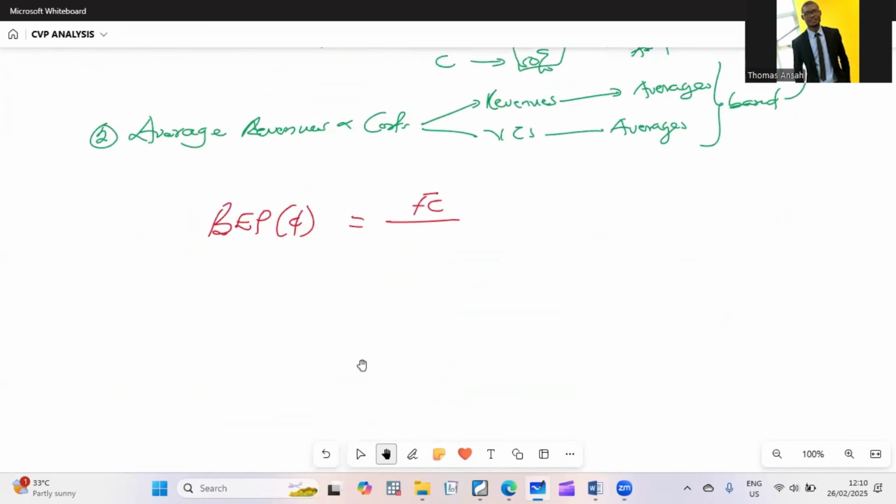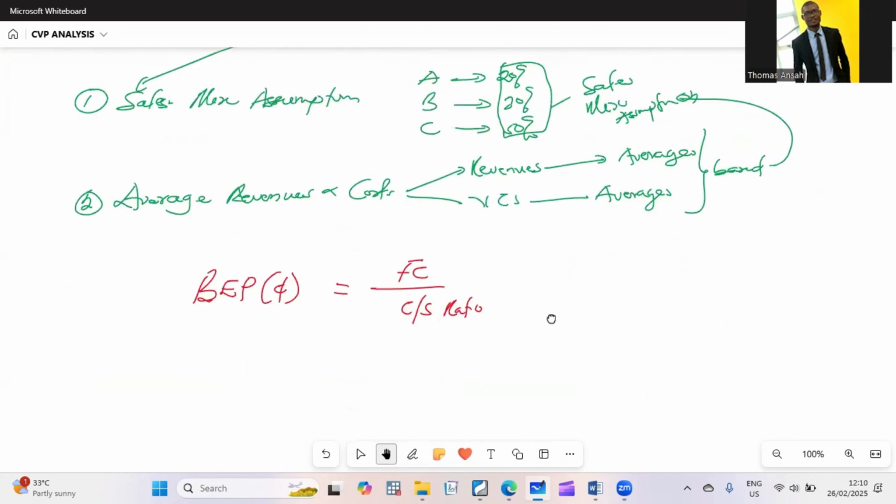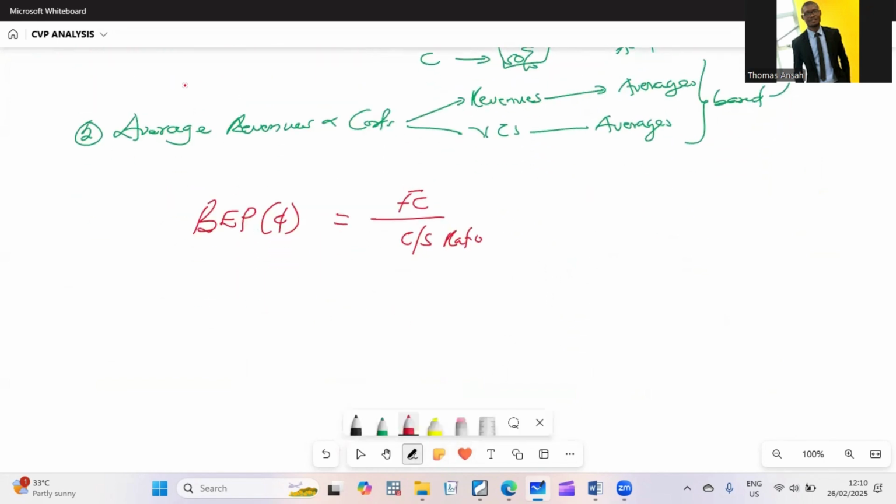So here, instead of going straight to the contribution sales ratio, it will now be averages, all right? So you weight the averages on each of the products. This is not an average where you do 2 plus 4 over 2 and get 3, because these are two figures.